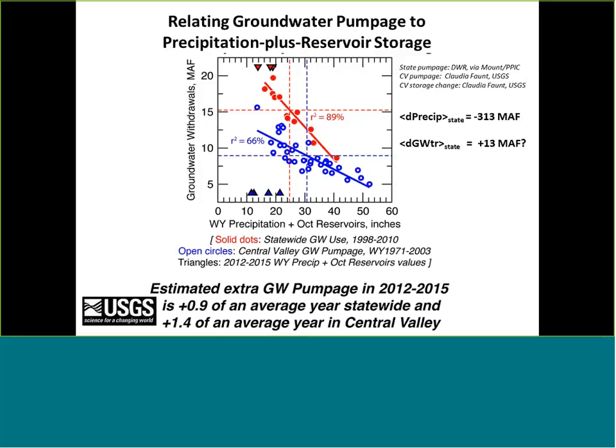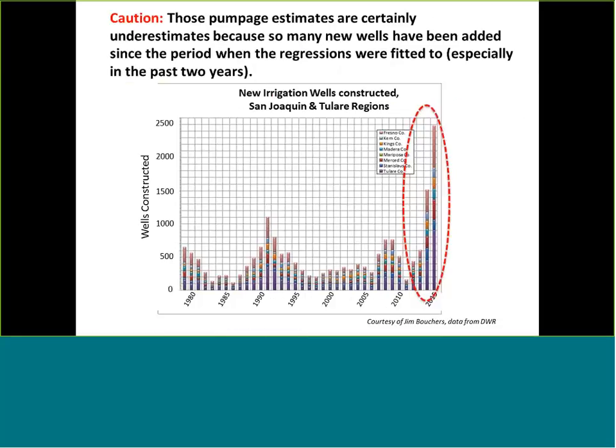Okay, and if I can just read that off of the y-axis there and add them up, it's basically about 13 million acre-feet of water by this very crude way of trying to get at how much extra pumping we've done. I should note that those have got to be very conservative estimates, because we know that there have been people putting in new wells like crazy.